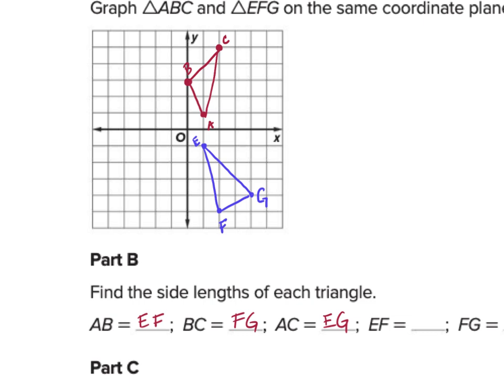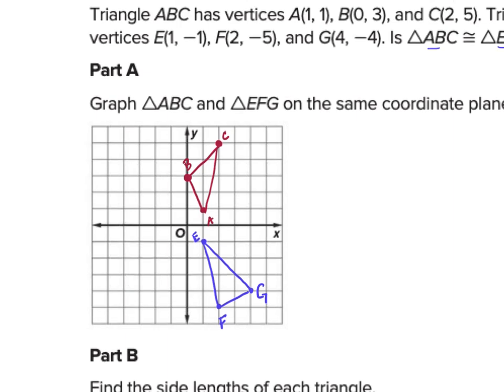I just did that wrong, didn't I? Let me see here. BC is FG. Oh, no, let me fix that.